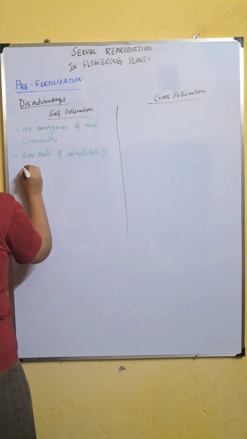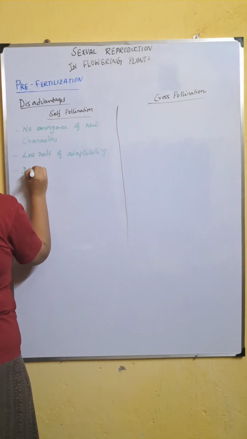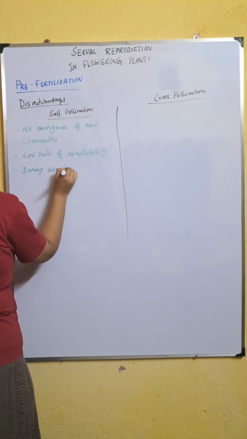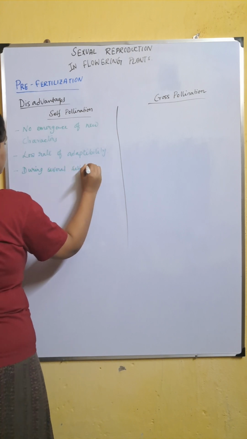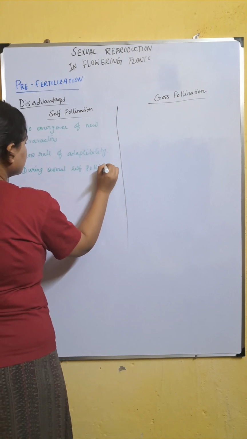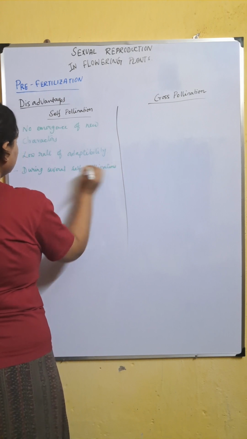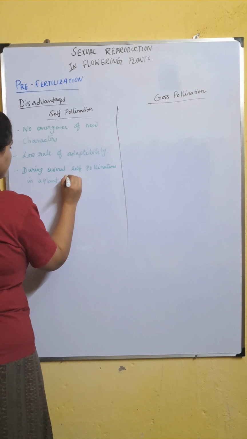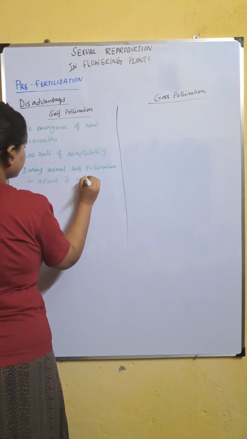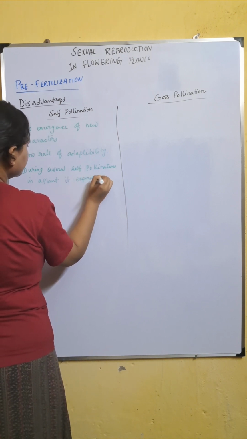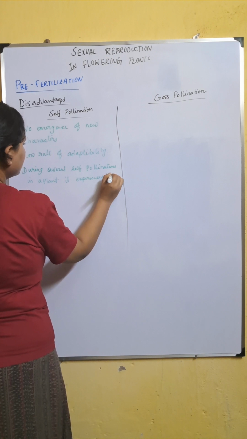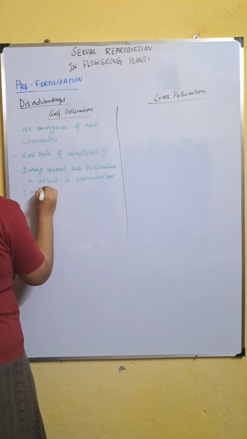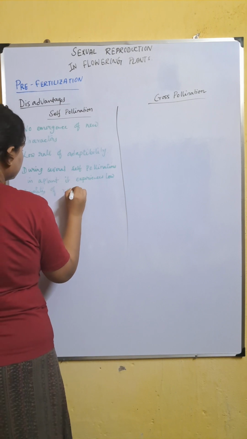So during several self-pollinations in a plant, it experiences low quality of a race.